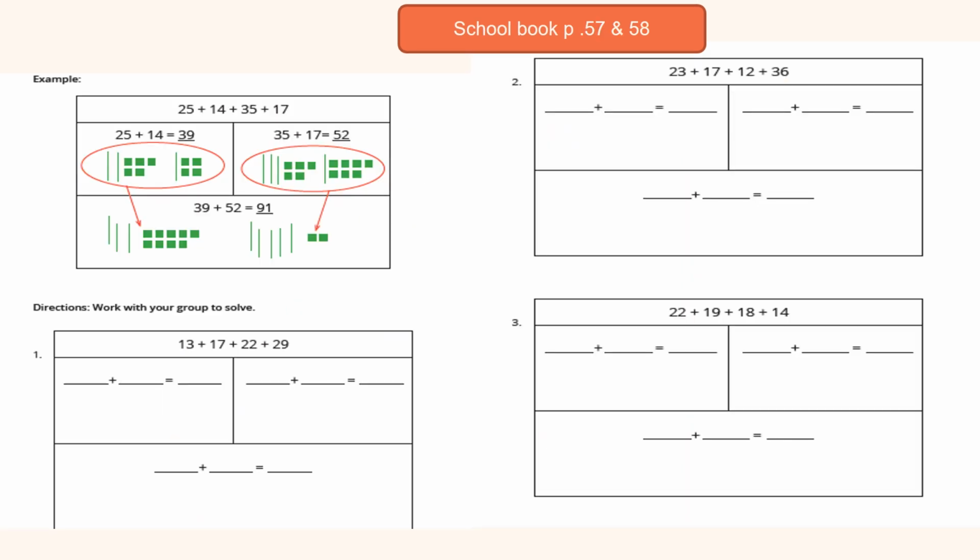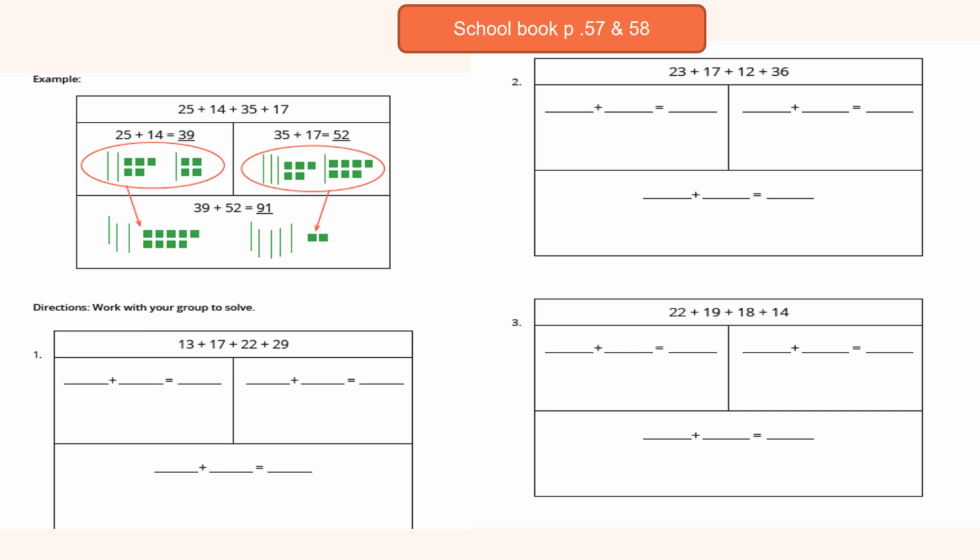Add every two numbers together to find the sum, and finally we will put the results together to find the sum. For example, here we have 25 plus 14 plus 35 plus 17. So we will put 25 plus 14 first and find the sum. 25 plus 14 equals 39.